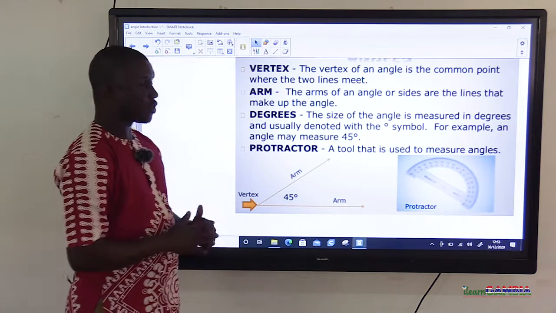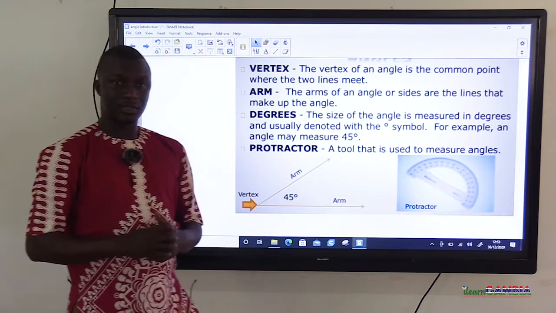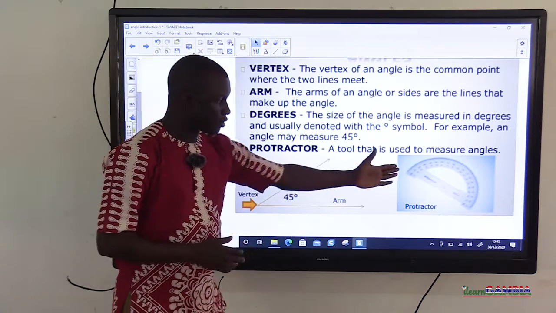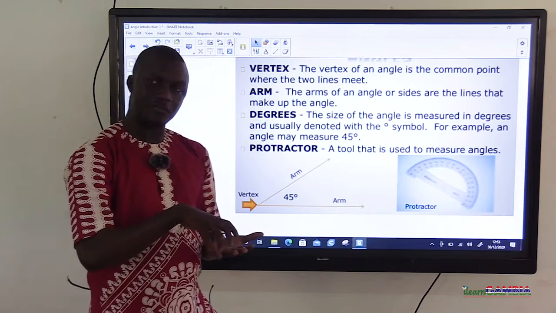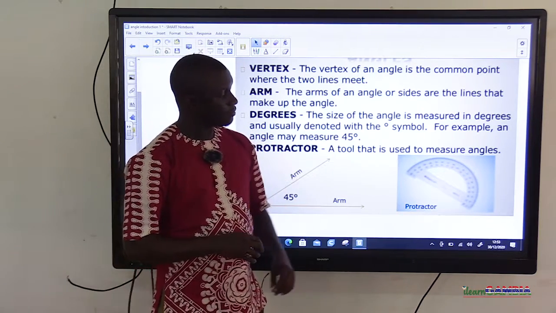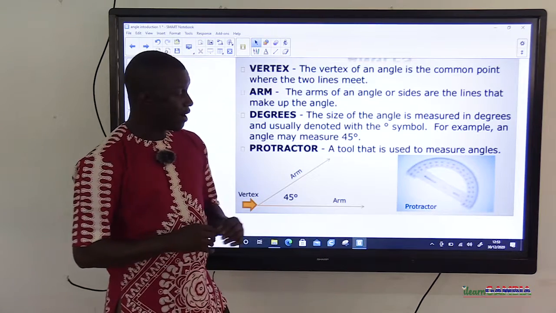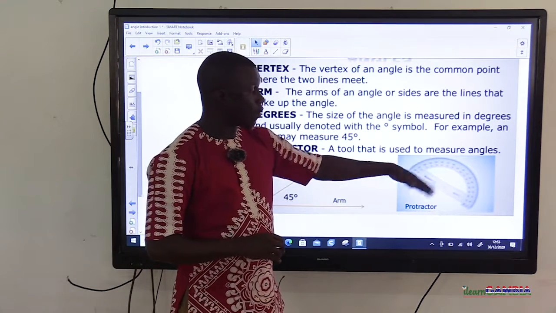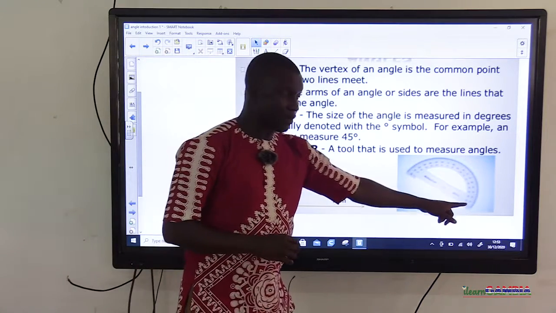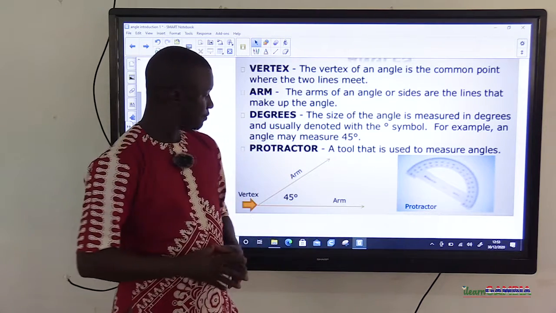Now here we have a protractor, which is a tool that we always use whenever we are dealing with angles. We have protractors in our mathematical boxes, the little instruments that we use in class. In every set box, you have a protractor, a set square, and a tri-square. Here our interest is the protractor, and there is a picture of one.